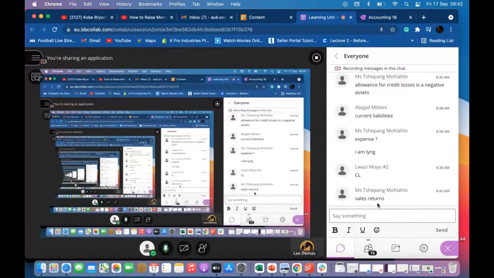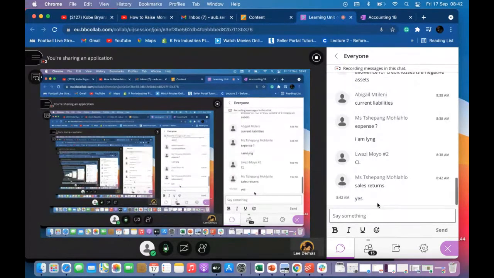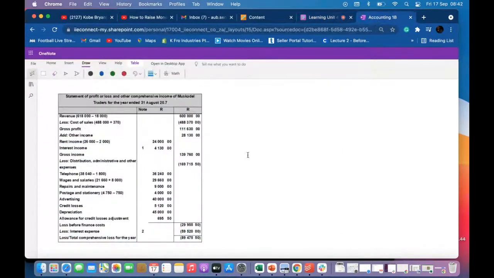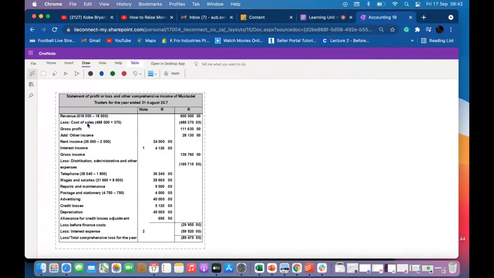Sales returns. Did we have a sales returns transaction? Oh, just generally sales returns. Thank you so much, Japan. You're 100% right.